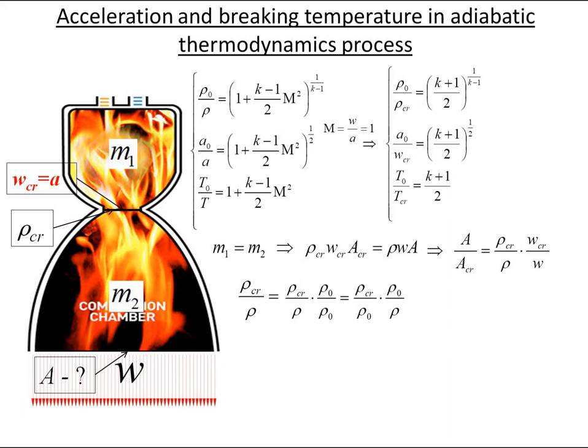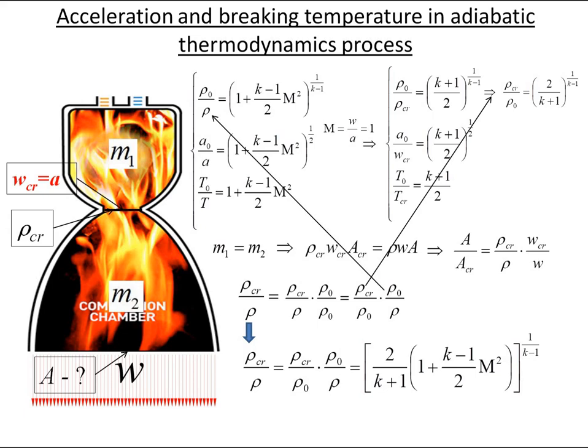A ratio of critical density and index zero density we express from the equation system of critical values. And the density ratio of density index zero divided by density is equal to the product of two density ratios, in the end equal to such an equation.